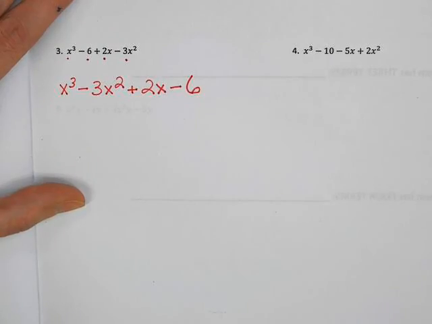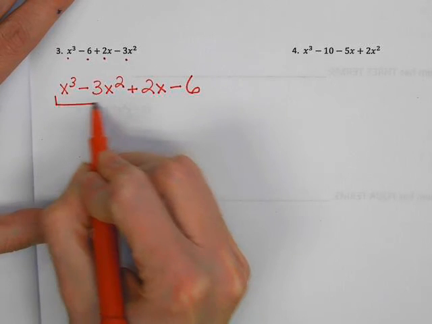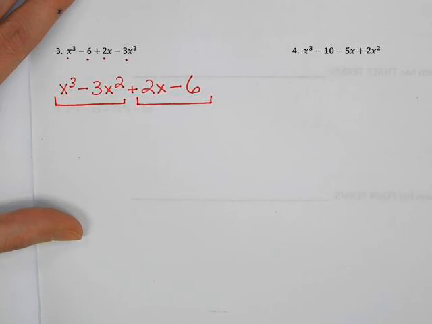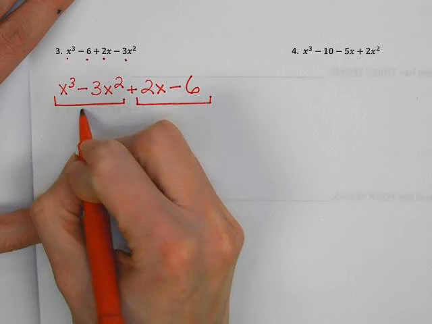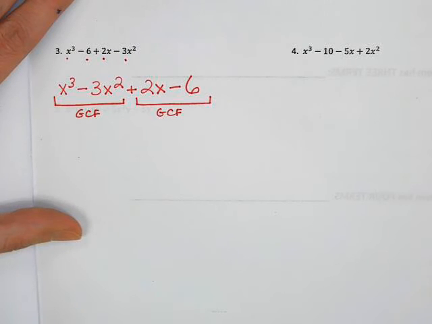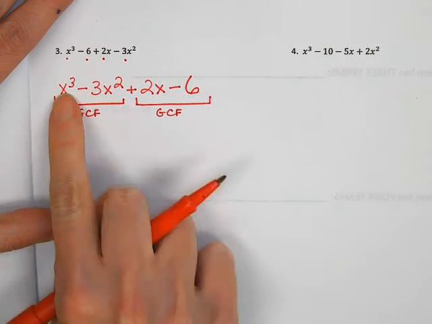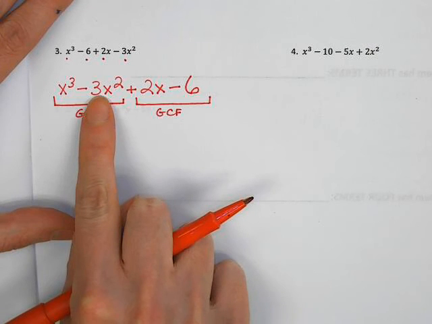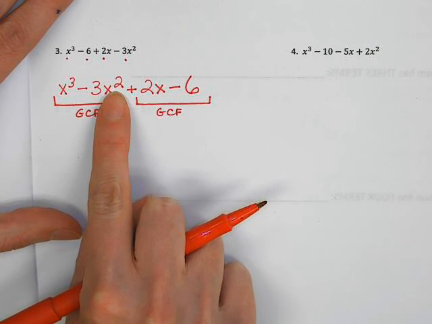Factor by grouping says to break it up into two pairs and pull out the GCF from each pair. So what's the GCF here? What can you take out of x cubed and 3x squared?